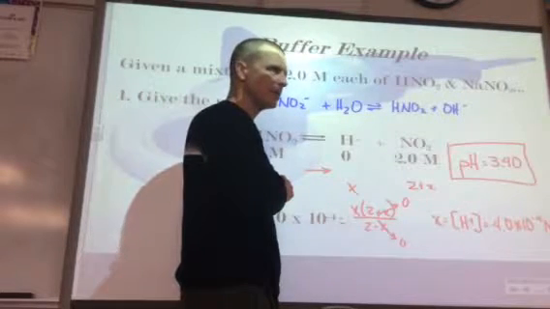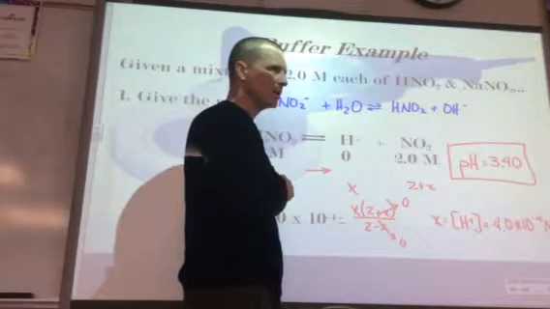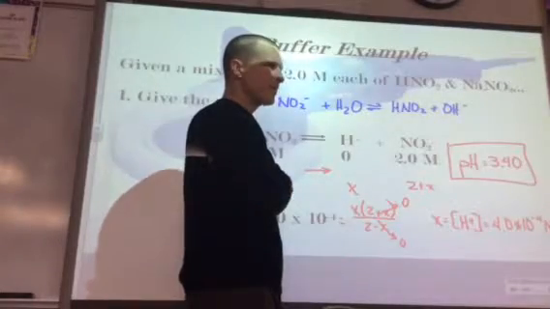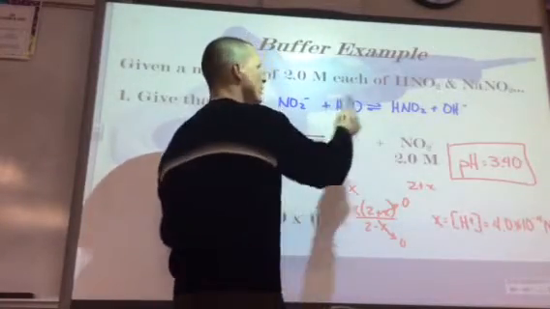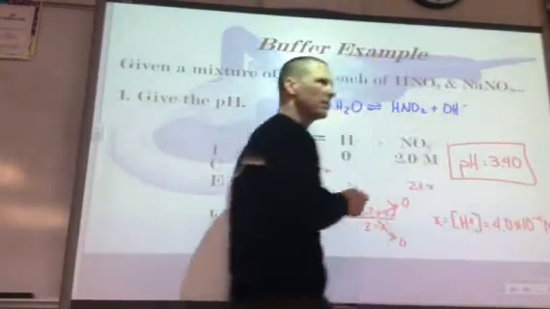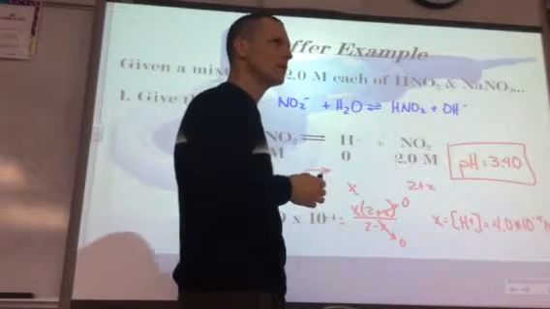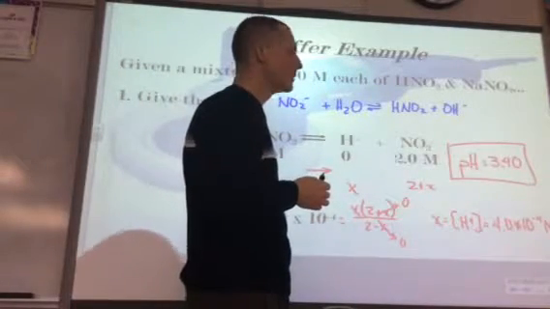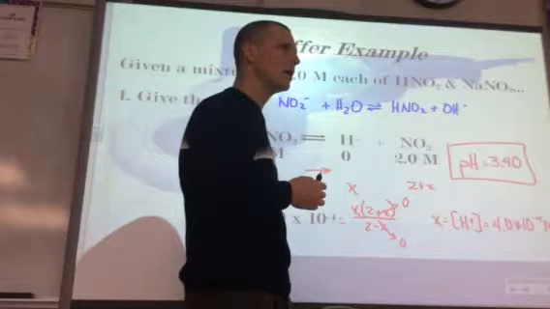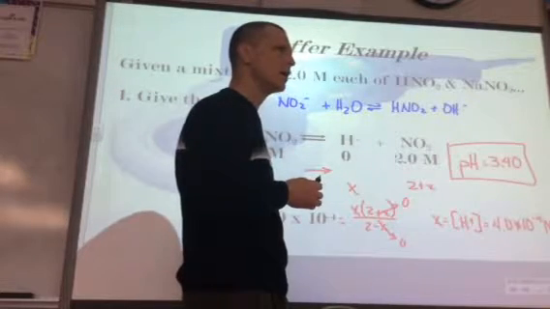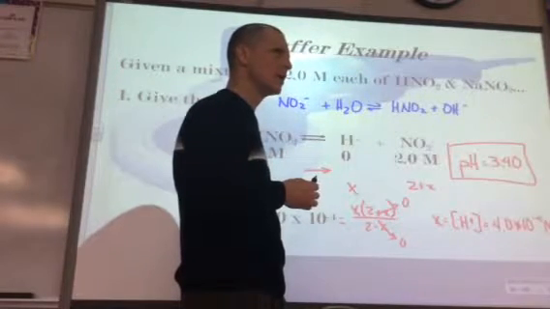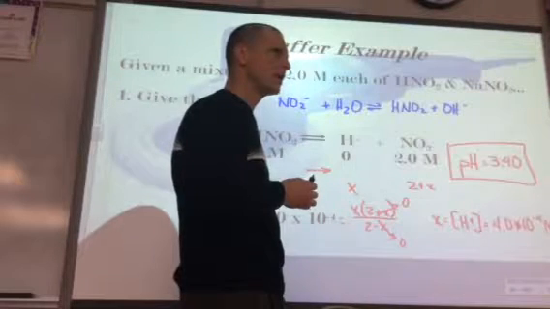Are you wondering if they react with each other? Yeah. You know how there's HNO2 and NO2 negative? So those two can be different. Which one do you put in the reaction, HNO2 or NO2 negative?